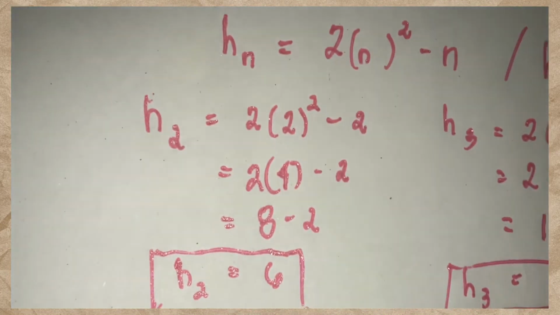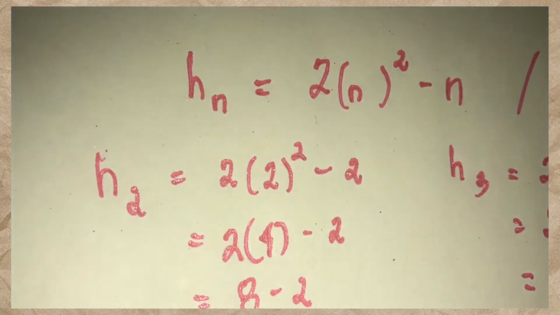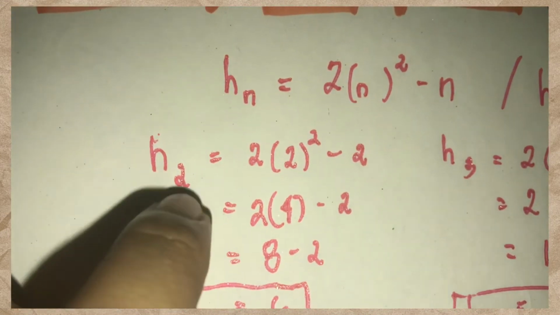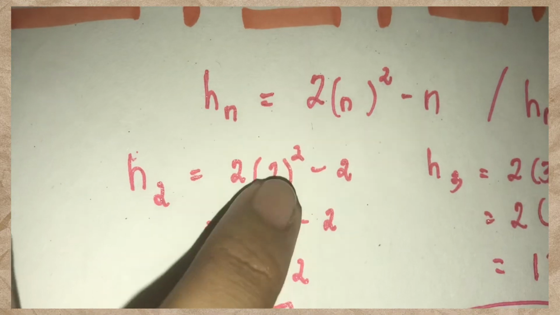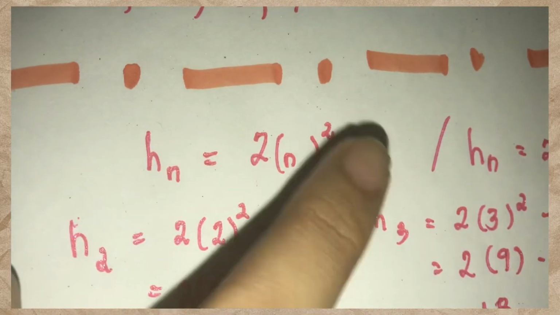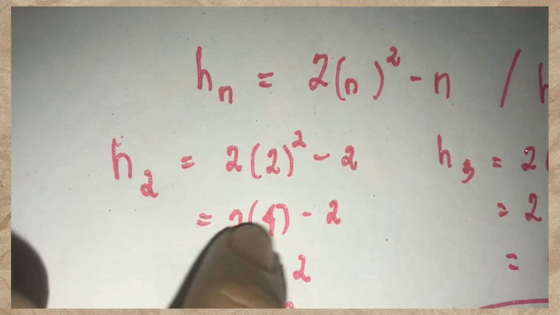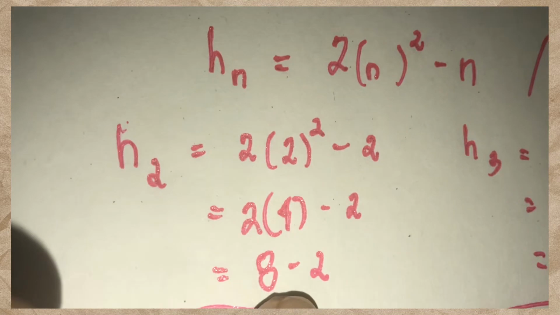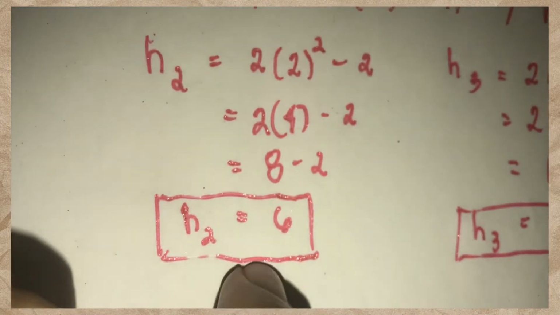So H_2 is equal to 2 times the value of n, which is 2, squared, minus 2 as well, the value of n. And then applying BODMAS or MDAS, 2 times 4, 8, minus 2, answer is 6.